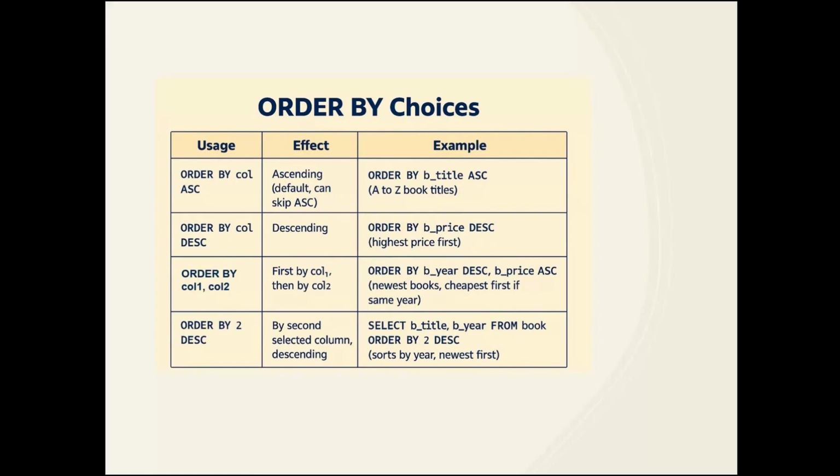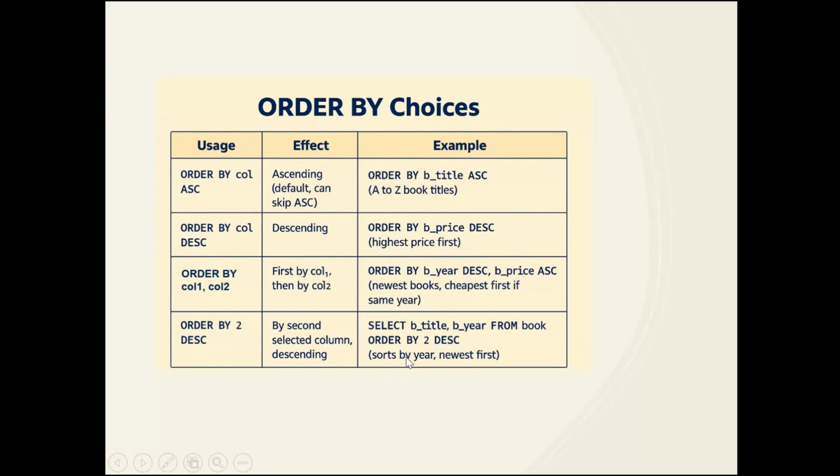Order by two descendants. For example, select book title, here we have text, and book year from the book table, and order by two descendants.